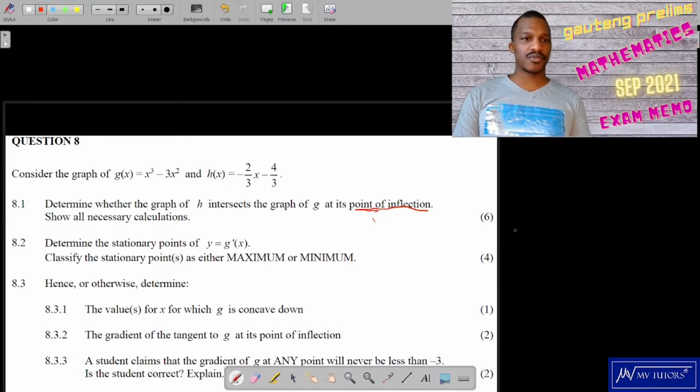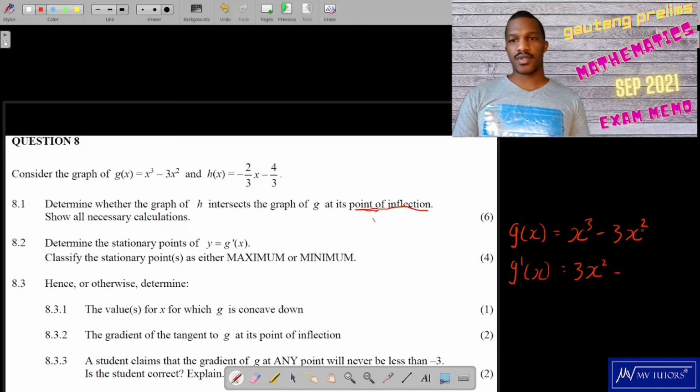Point of inflection. So if you have g of x equals x cubed minus 3x squared. Now for the point of inflection, remember we have to differentiate g of x to the second degree. So we'll do the first degree, which will be 3x squared minus, what's 2 times 3?